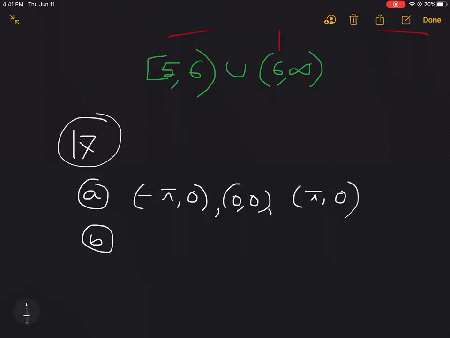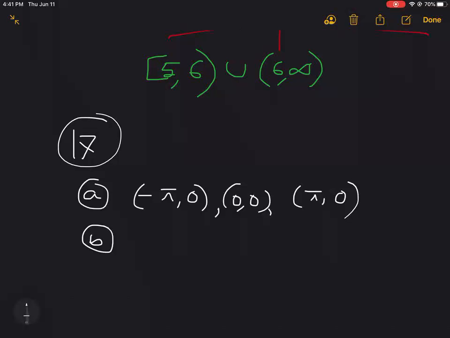Okay, I can say the domain is from negative pi to positive pi, because the graph starts exactly from negative pi and ends at positive pi. Very good. Yeah, that's right.